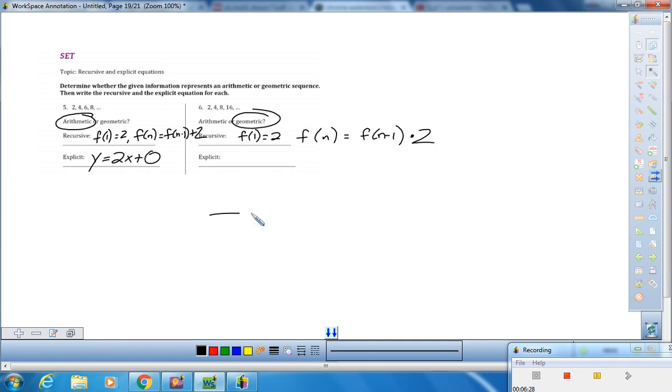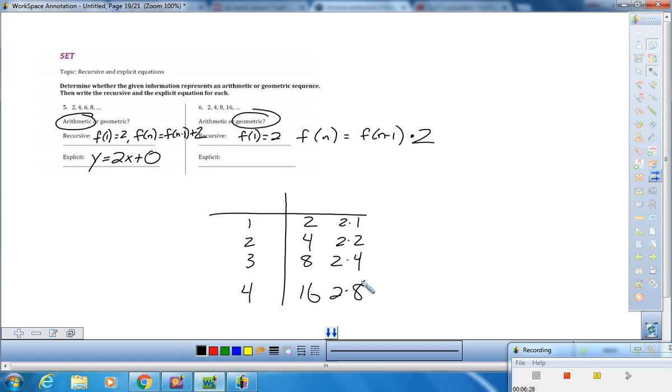Explicit, that's going to be hard, so I'm going to make a table. The first one is 2, the second one is 4, the third one is 8, and the fourth one is 16. Well, this is 2 times 1, 2 times 2, 2 times 4, and 2 times 8.